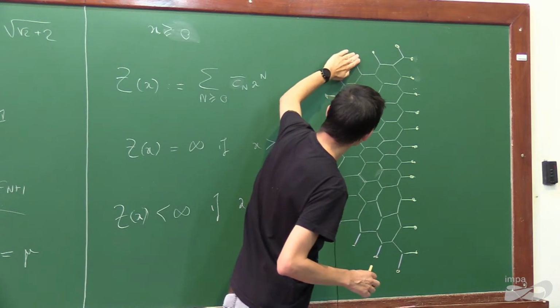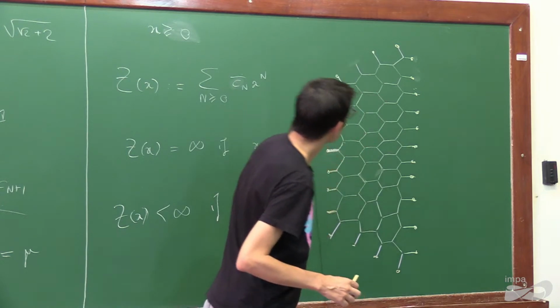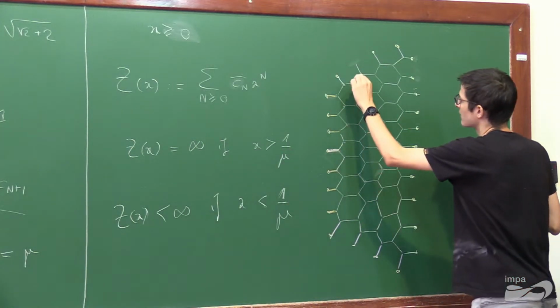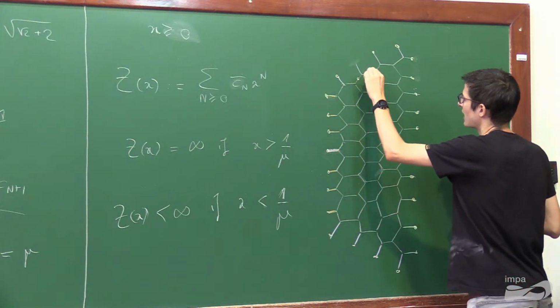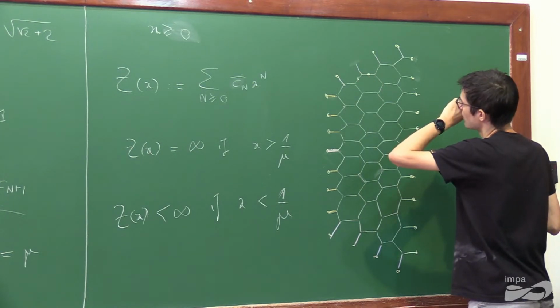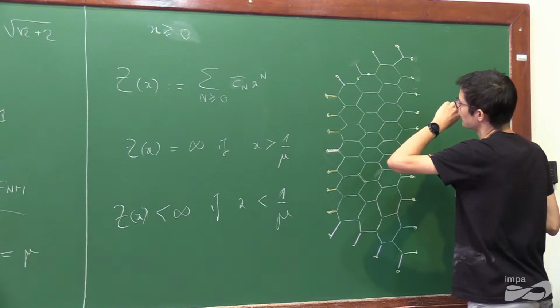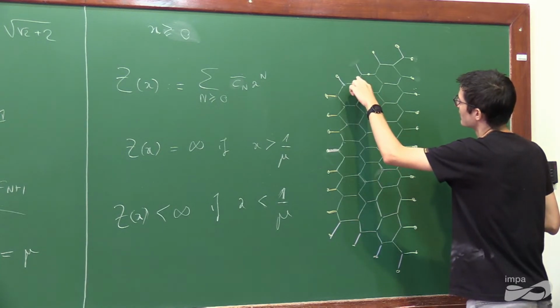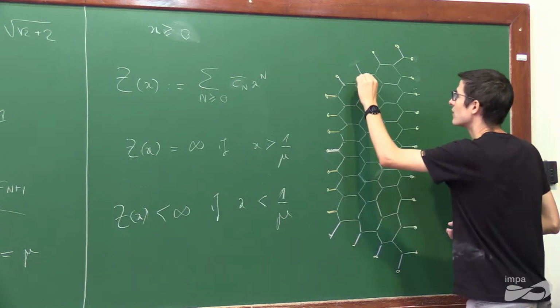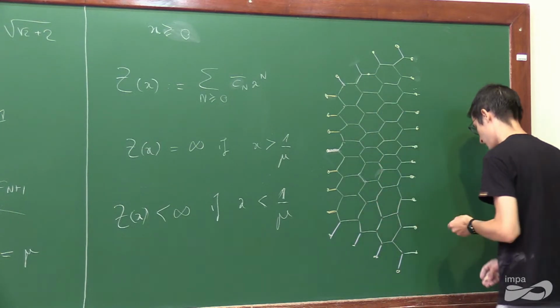If I don't consider this guy, then I wouldn't have a domain, okay, because there is no way that I have this guy and this guy. Okay, this would still be a domain. If I don't have this, okay.